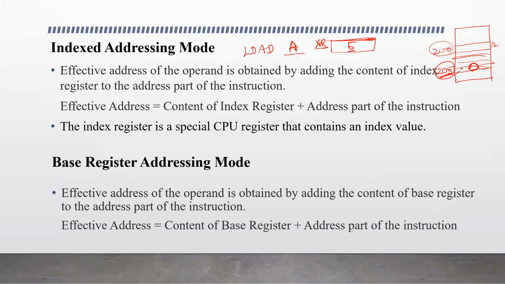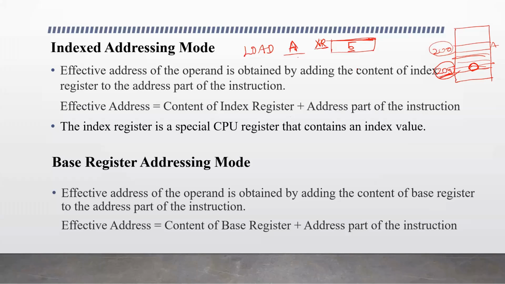This is our effective address. The effective address is obtained by adding the address part of the instruction to the index register so that we can locate the elements of the array. In this case, indexed addressing mode is used.